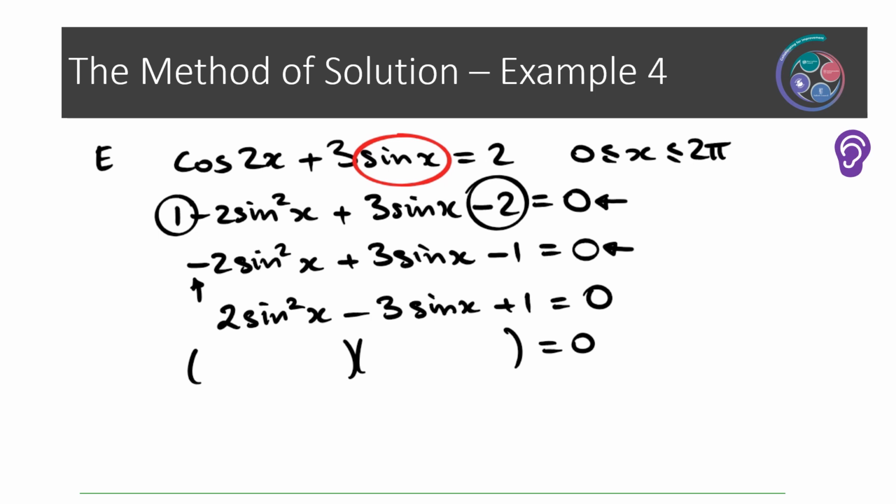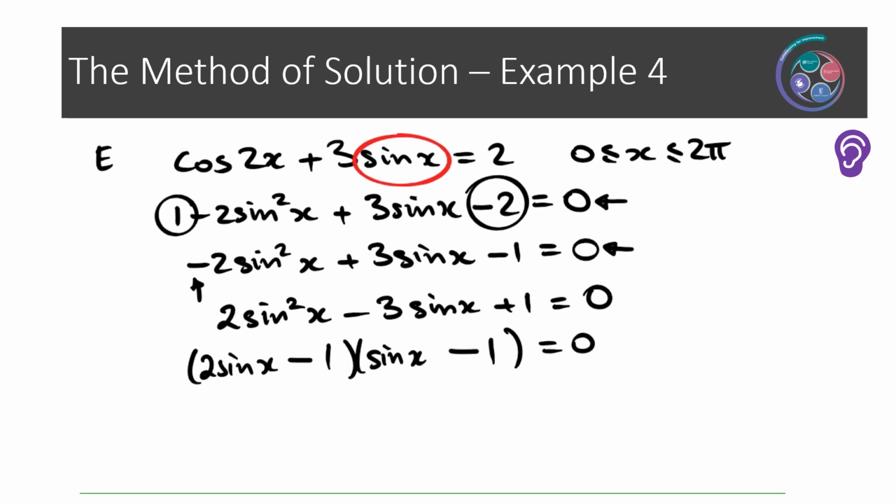2 sine squared x comes from 2 sine x times sine x. 1 comes from 1 times 1. If there's a negative sign in the middle and a positive sign at the end, we know these two signs must be negative. You'll have your own way of factorising these trinomials.